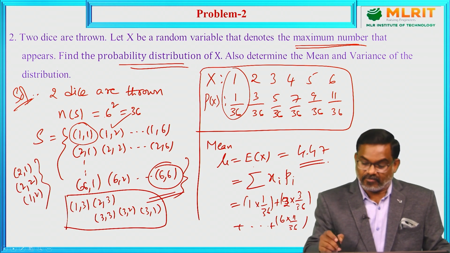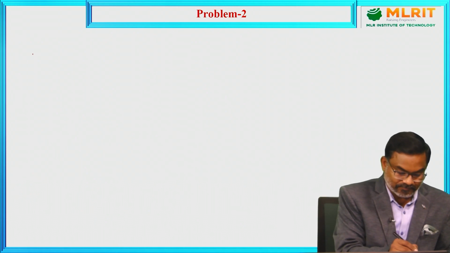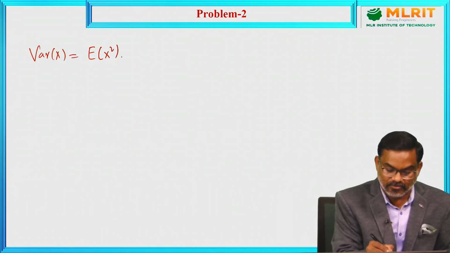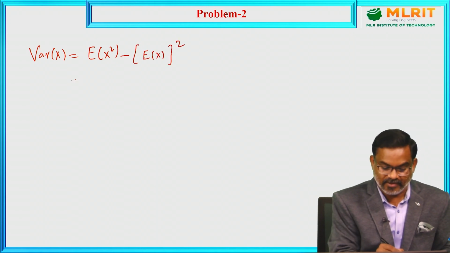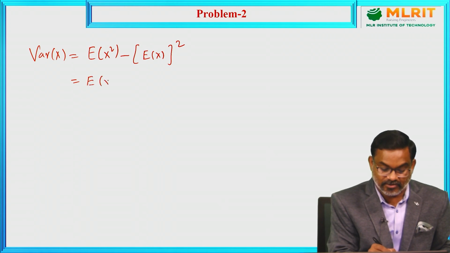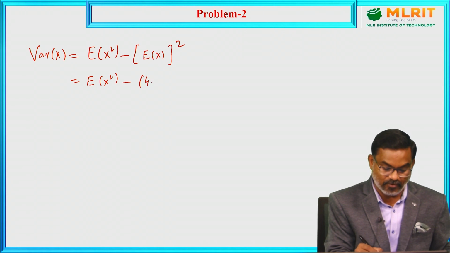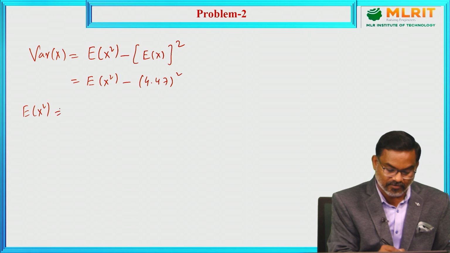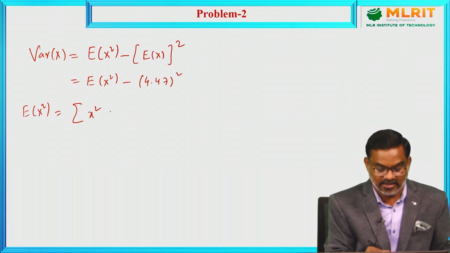Similarly, we need to calculate the variance also. To find the variance of capital X, we have the formula: expectation of x square minus expectation of x whole square, where expectation of x we just calculated as 4.47. And how to find the expectation of x square? By the definition, we square the values of x and then multiply: sum of xi square into pi.